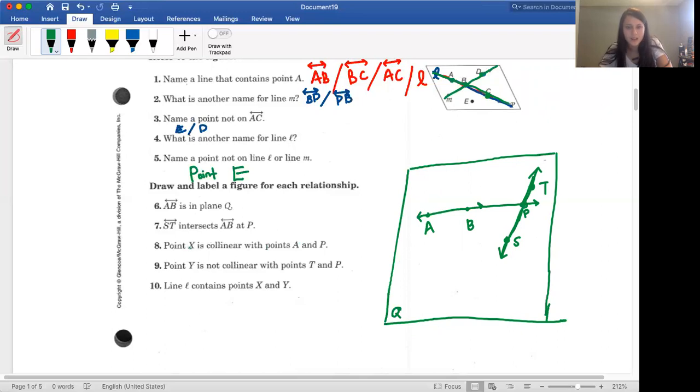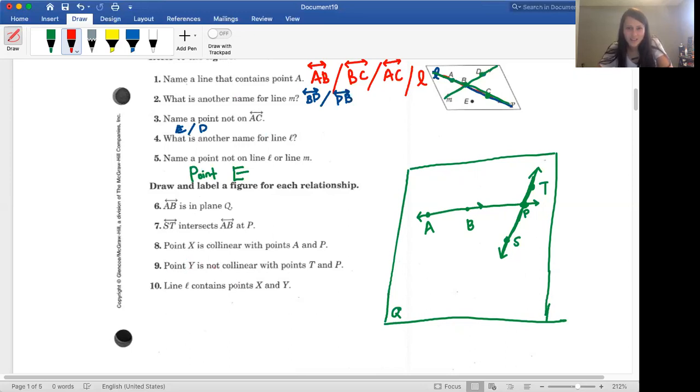Point X is collinear with points A and P, meaning X is on the same line as points A and P. So I have point A here, point P here. So that means my point X has to be on this line. Let me read this next one just in case.